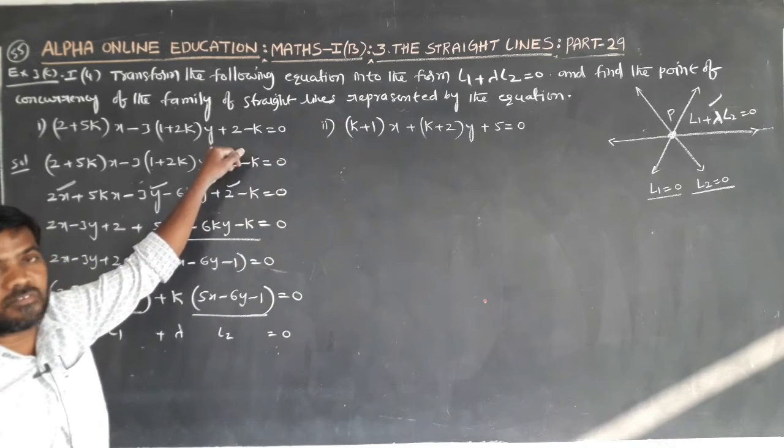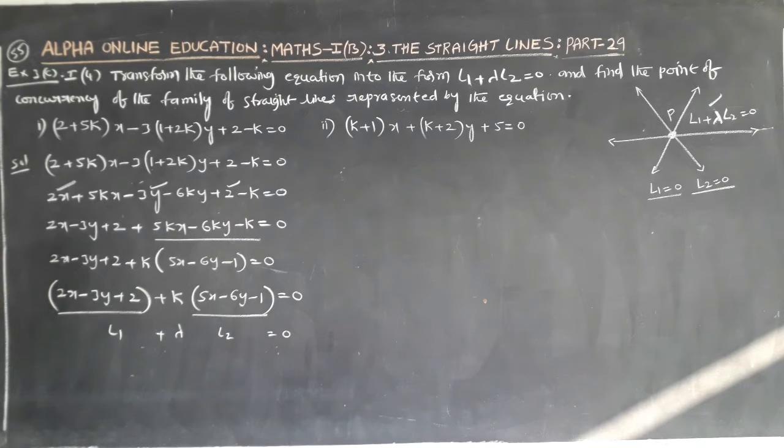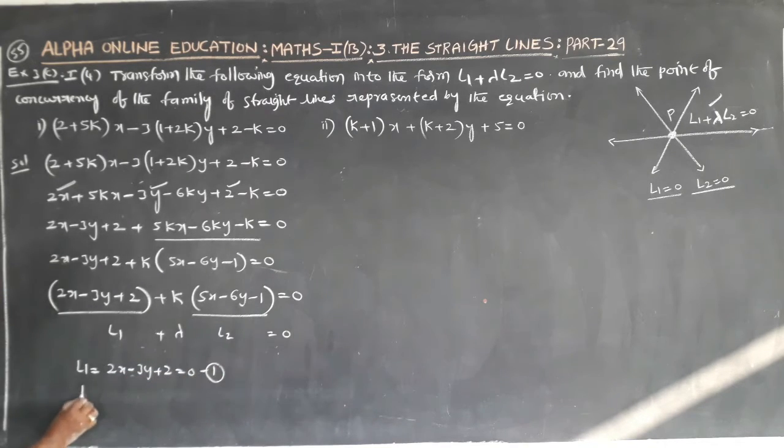We transformed the given equation into the form L1 plus lambda L2 is equal to 0. Here L1 is 2x minus 3y plus 2 is equal to 0, and L2 is 5x minus 6y minus 1 is equal to 0.